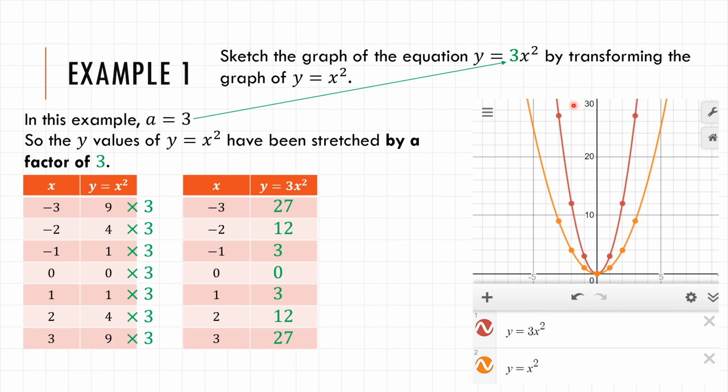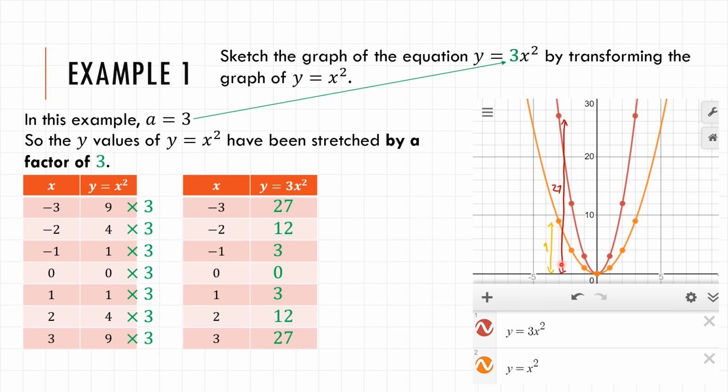And there we go. I have sketched the graph of this equation by transforming this graph. So I've just taken the coordinates here and multiplied their y values by 3. And so now they are much further from the x-axis. And if you want to see a more graphical representation of that, notice that the y value here is 9, and the y value for between these 2 points is 27.